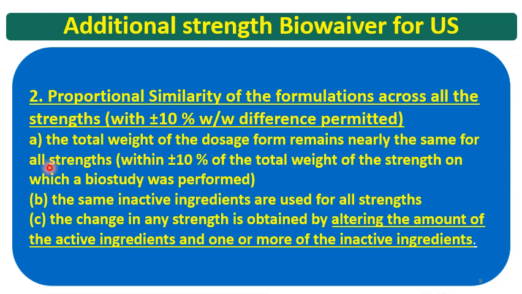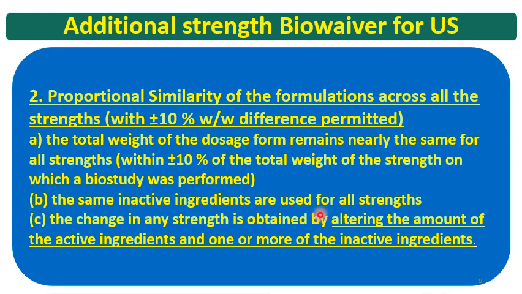Or in other words you can say that the total weight of the dosage form remains nearly the same for all the strengths, within 10% of the total weight of the strength on which the biostudy was performed.